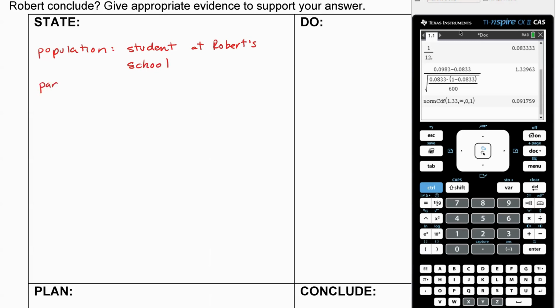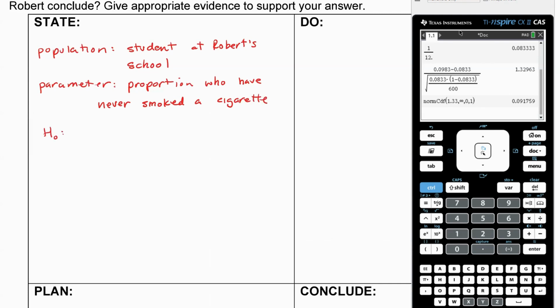And what are we measuring about these students? It's our parameter of interest, and that would be the proportion who have never smoked a cigarette.